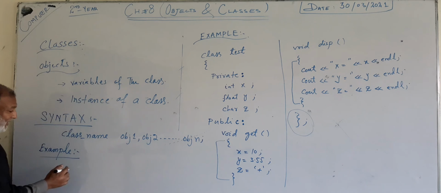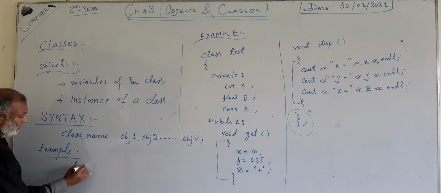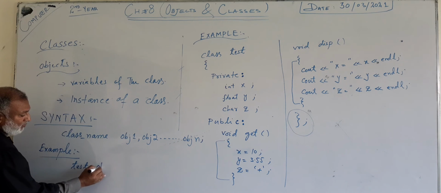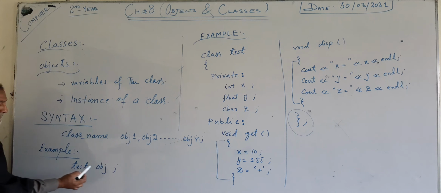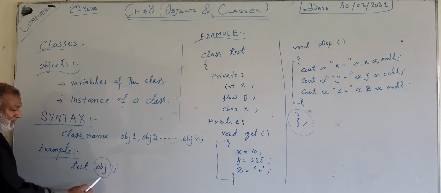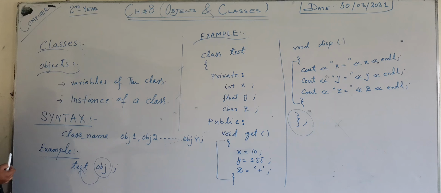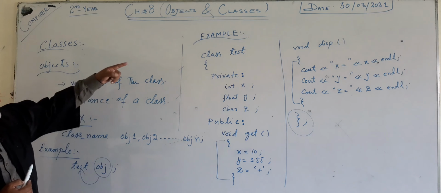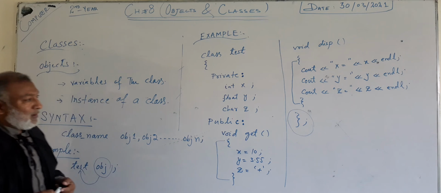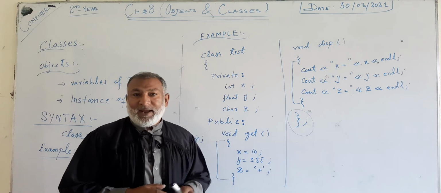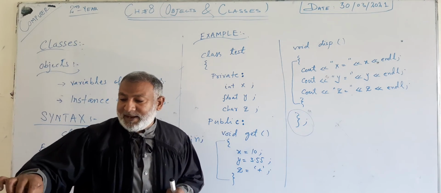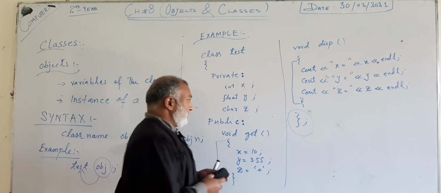We have already created a class Test, so I will create an object of the class, obj. So now this is called an object of the class, and what is its type? Test. What is Test? Test is the name of the class. Let me finish this class, and then we will create an object as well.